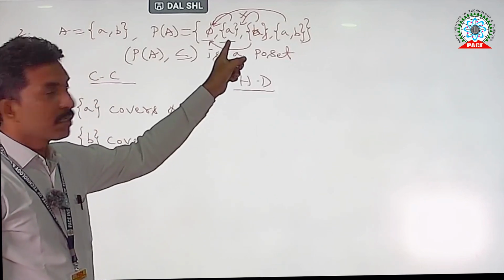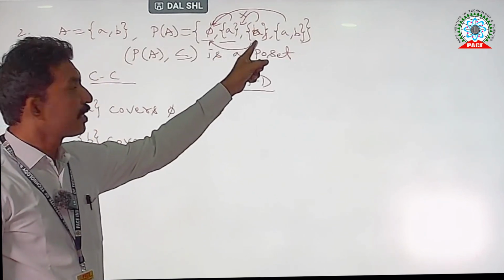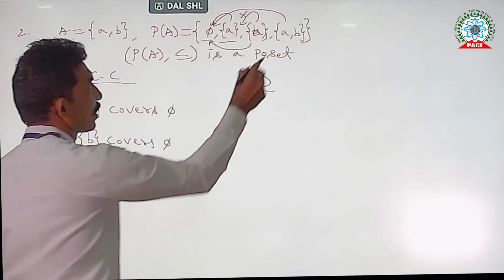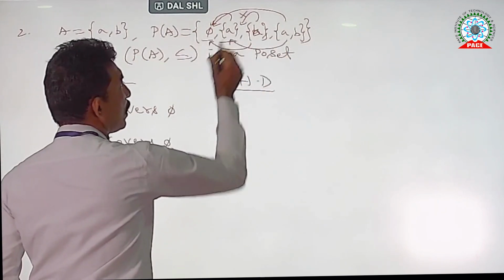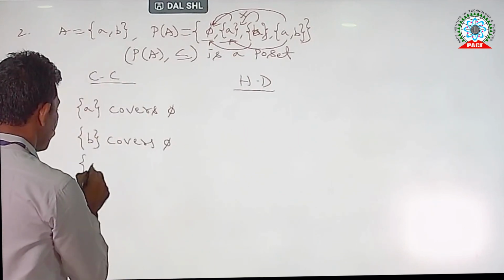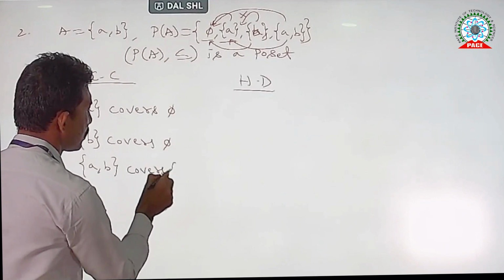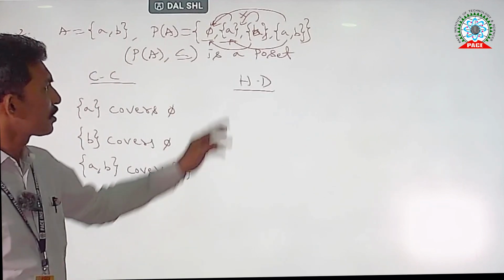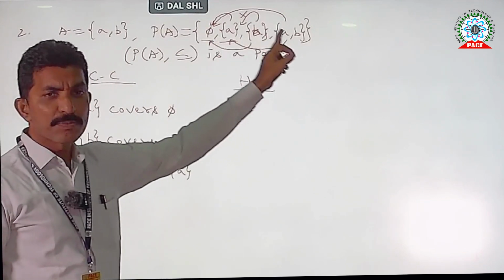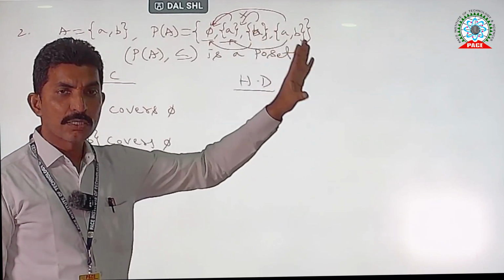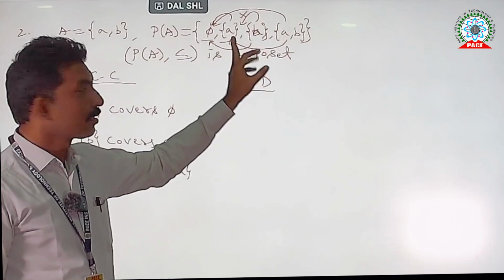Next one, {a, b} covers {a}, because {a} is a subset of {a, b} and there is no other subset in the middle. That means {a} is not a subset of {b}, even though {b} is a subset of {a, b}.